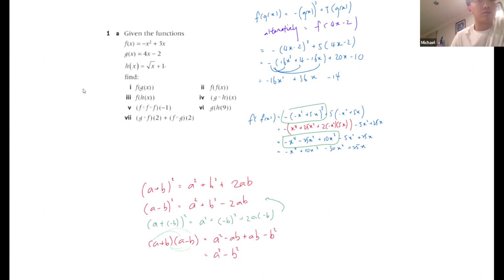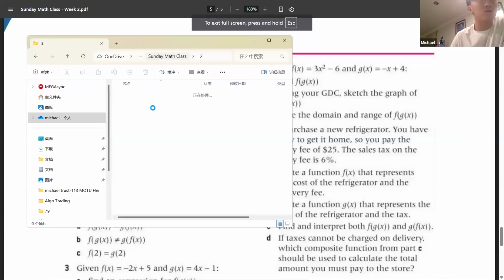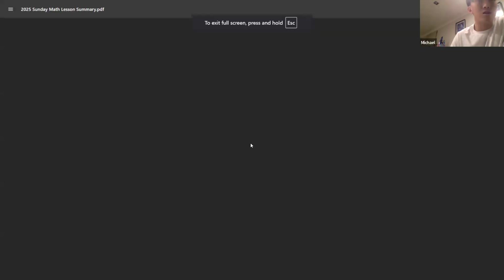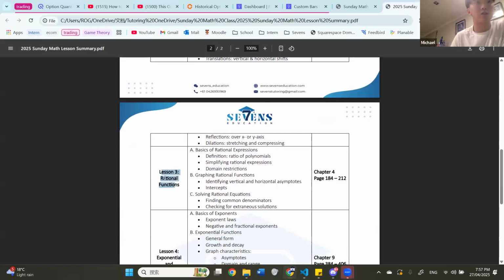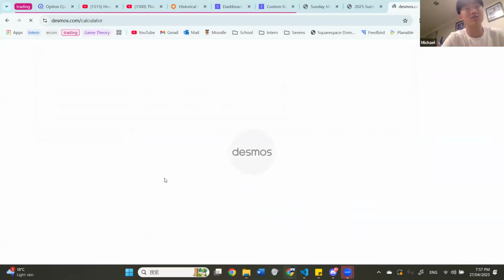Okay, next week is going to be logarithms. Wait, let's check what's going to happen next week. Next week is going to be rational functions. So we're going to talk about a specific type of function that looks really interesting. It's going to look like this. Watch this.